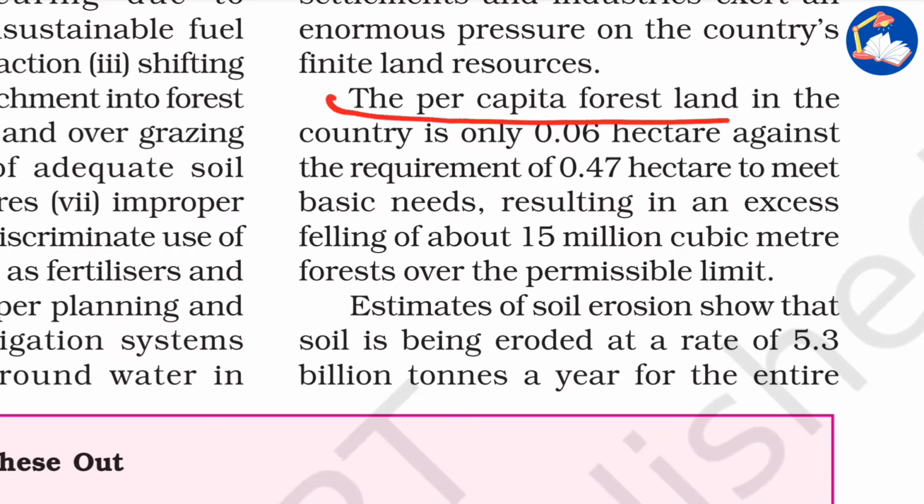The per capita forest land in the country is only 0.06 hectare against the requirement of 0.47 hectare to meet basic needs, resulting in excess felling of 15 million cubic meters of forest over the permissible limit.